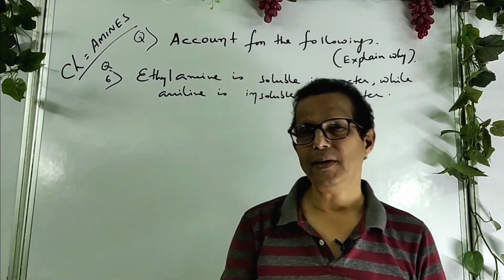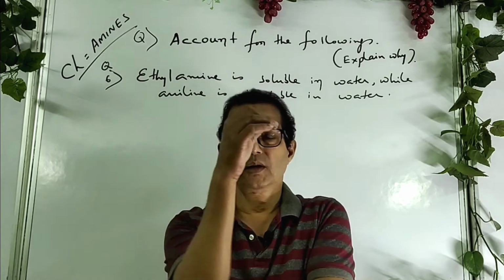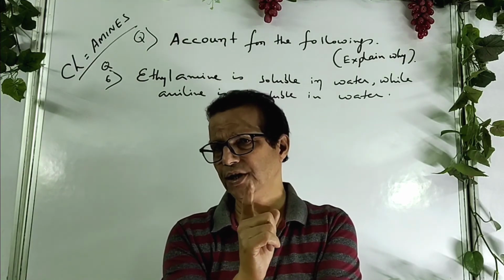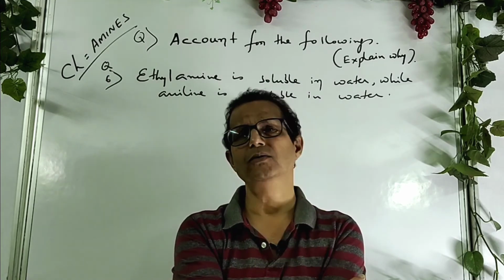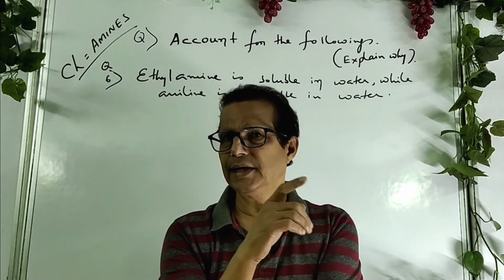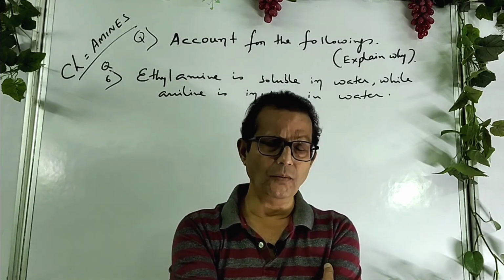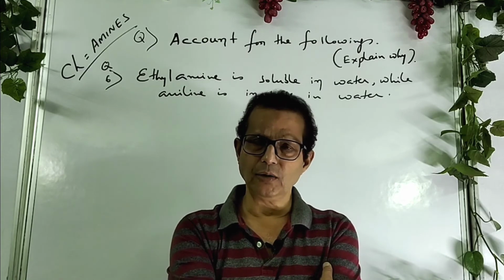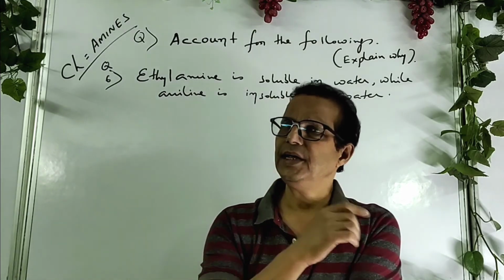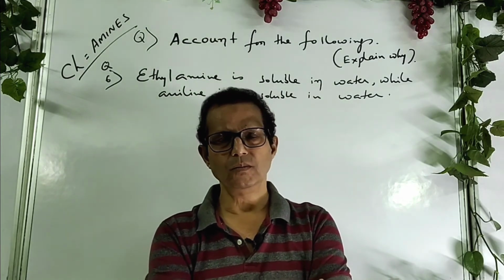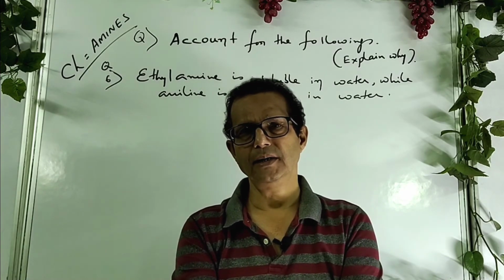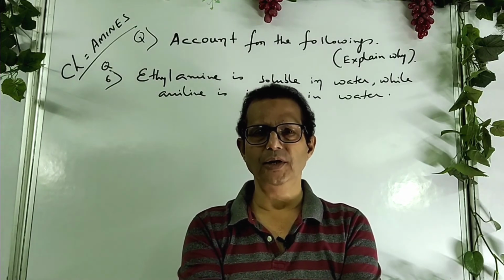Always remember the basic thing. Listen, the solubility of a compound depends on the tendency to form intermolecular hydrogen bonding with water. If any compound can form hydrogen bonding with water, remember that compound is soluble in water.